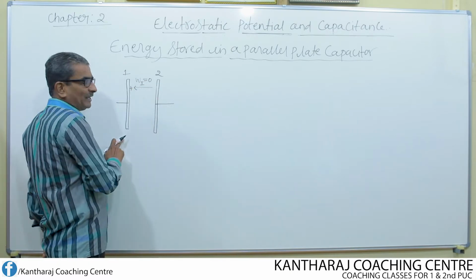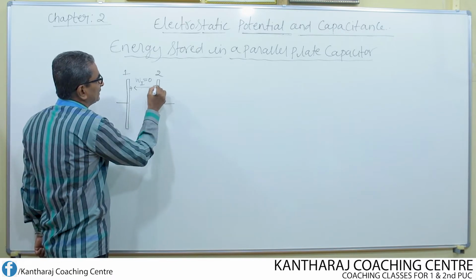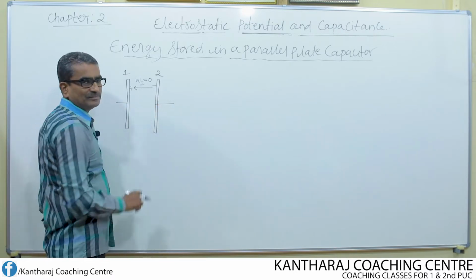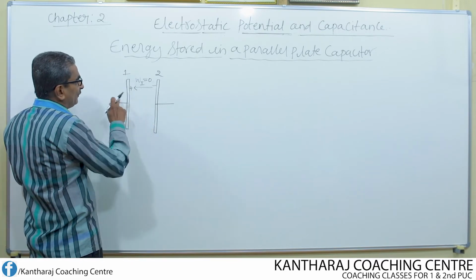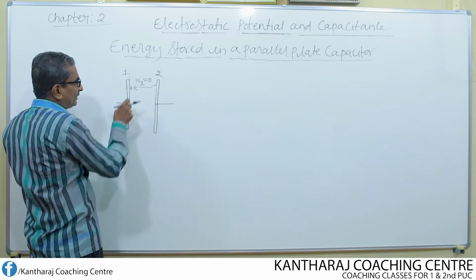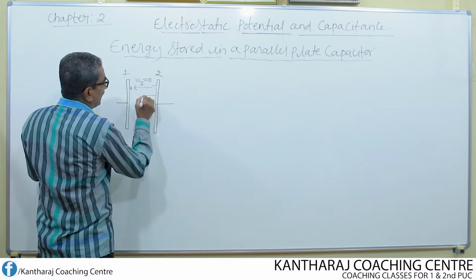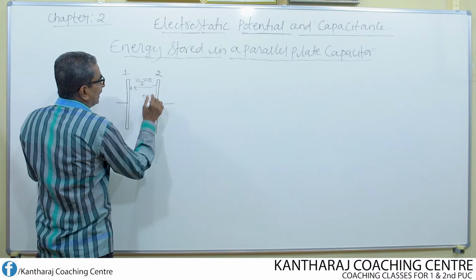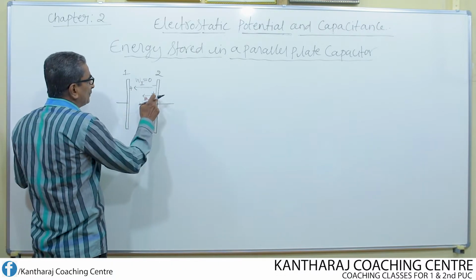So this plate now acquires one positive charge, whereas the other acquires one negative charge. Now there exists an electric field because of this charge. Plate 1 is charged positively. Now I bring another positive charge from plate 2 to plate 1.